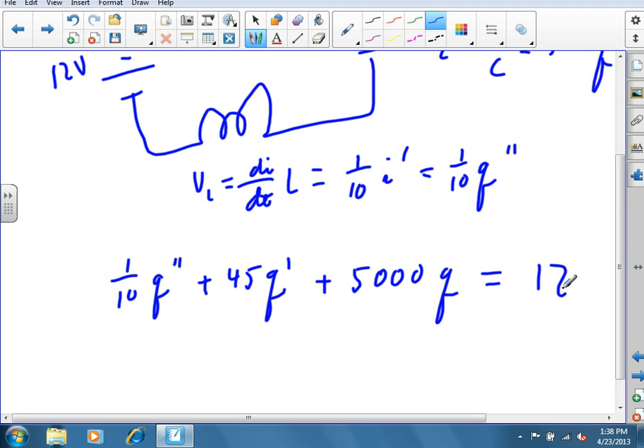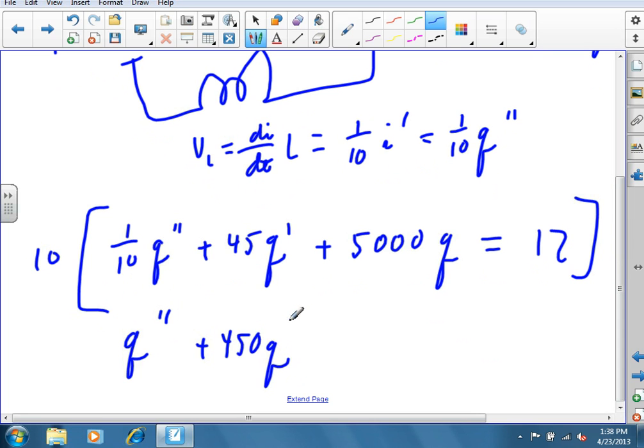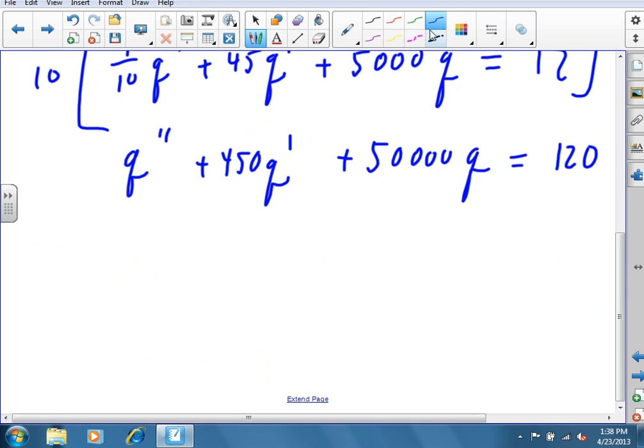I probably don't like that 1/10 there, so I'm going to multiply through by 10 just to make things easier on myself. Q double prime plus 450 Q prime plus 50,000 Q is 120. And now we would go and take the Laplace transform of everything.